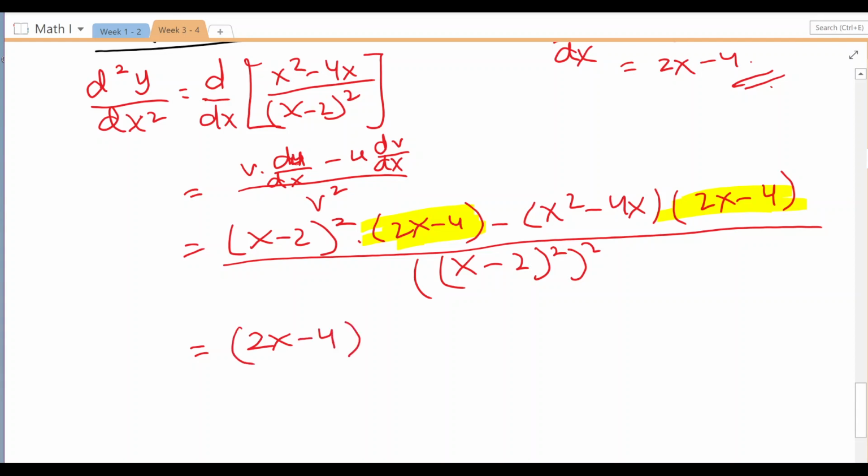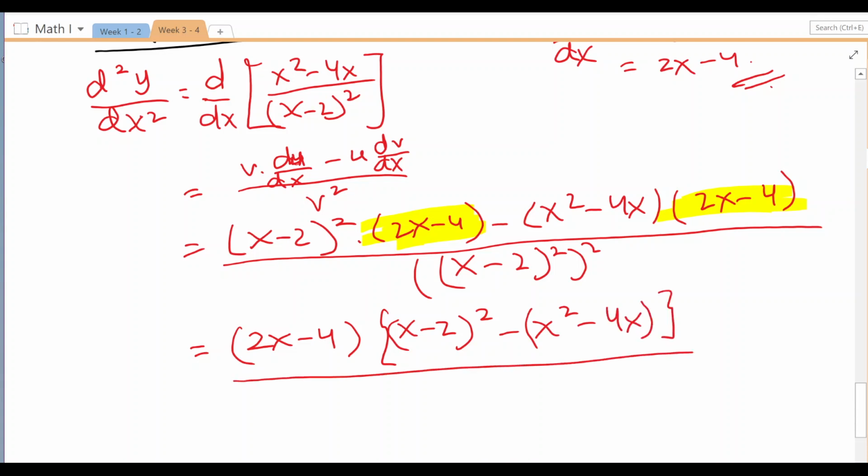2x − 4 times [(x − 2)² − (x² − 4x)] divided by (x − 2) to the power of 4. And this can also be simplified.